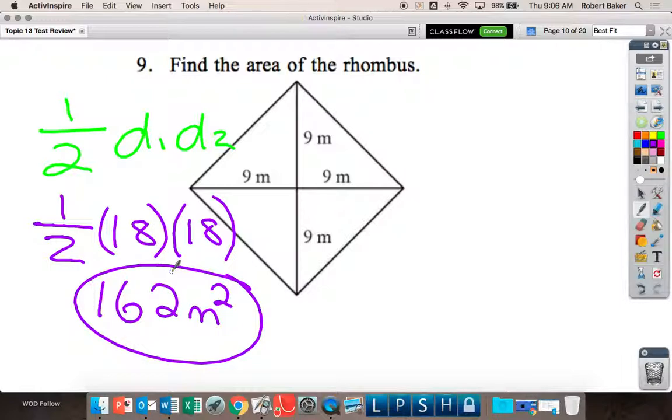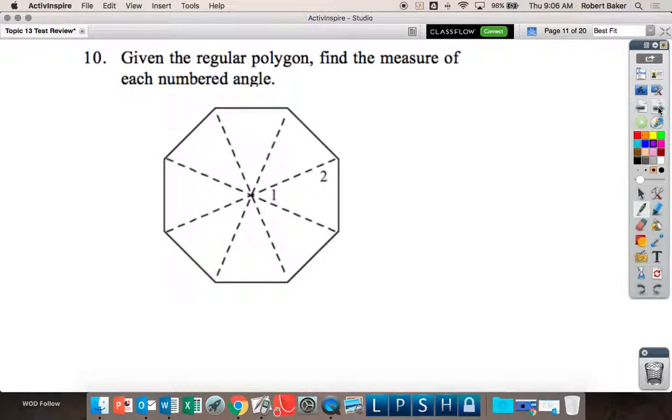Not that bad. Alright, now we're going to roll into Monday's lesson, talking about the area of regular polygons. There were 2 things that we did. One of them was how big are the angles in a regular polygon.